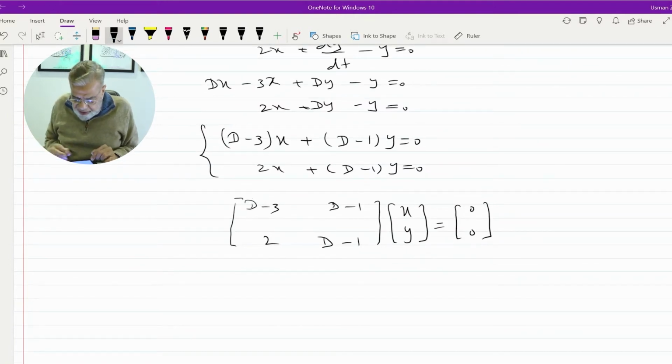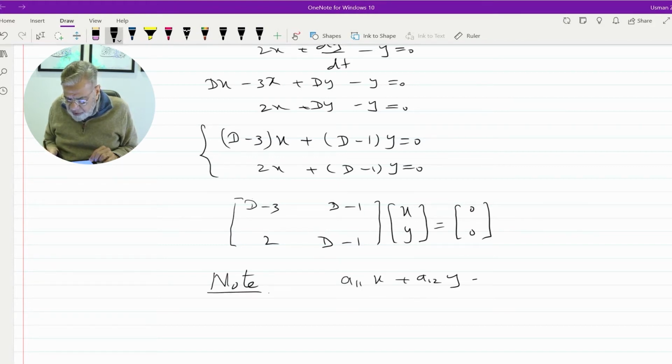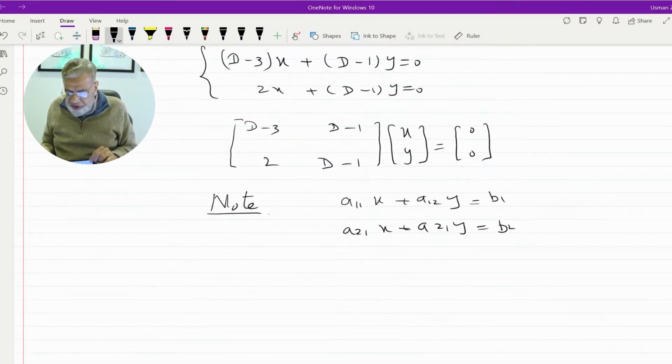I just give the introduction as a note for the system of linear equations. We have the system a11 x plus a12 y is equal to b1, and a21 x plus a22 y is equal to b2. These are a system of linear equations, not differential equations, but above we discussed the differential equation.